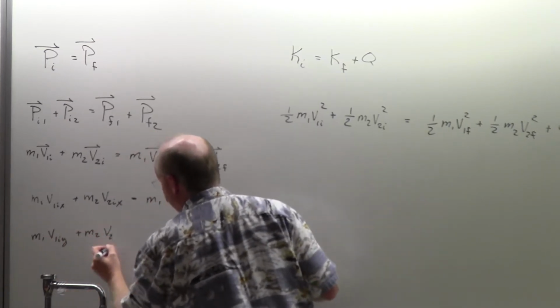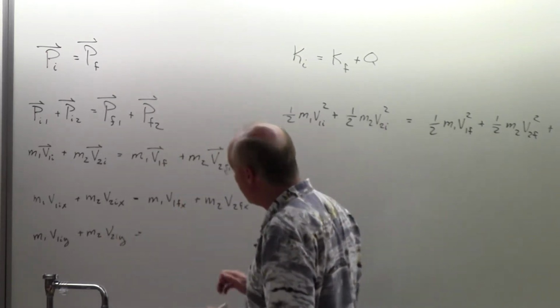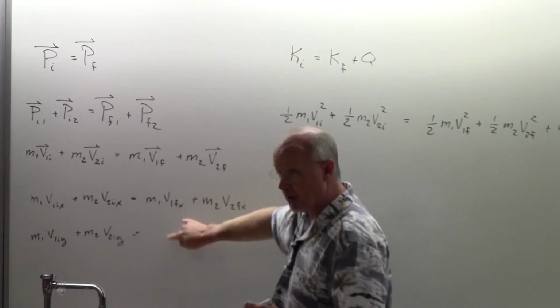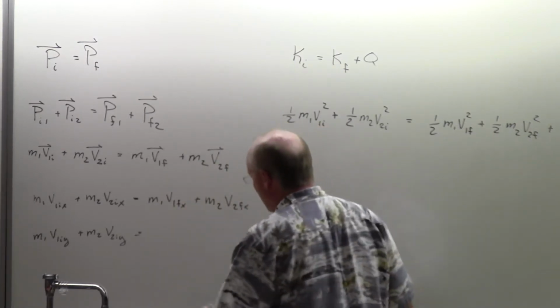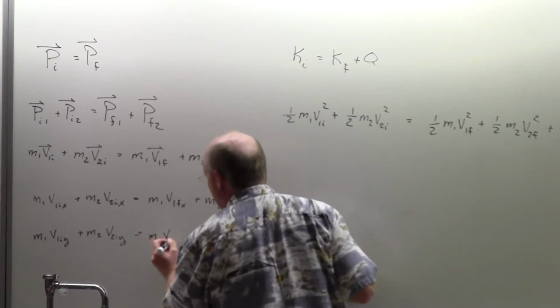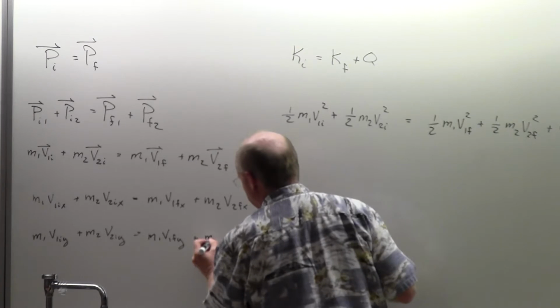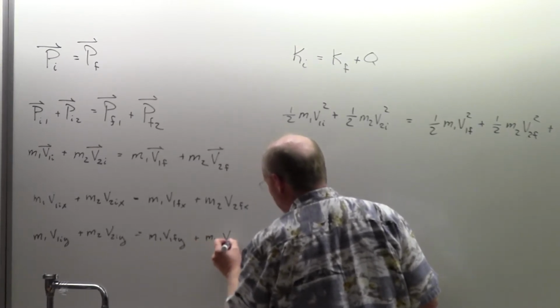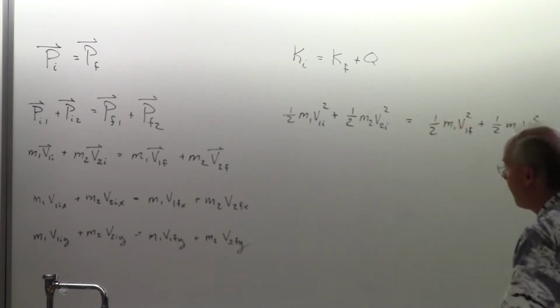And so if the objects can move in a two-dimensional pattern, then this really represents two equations, the equation for the x and the equation for the y. And so I'll write that out in detail here, but this would be my equation in the y direction.